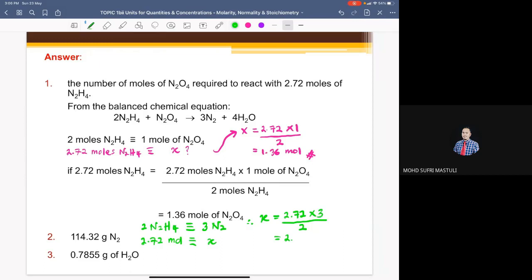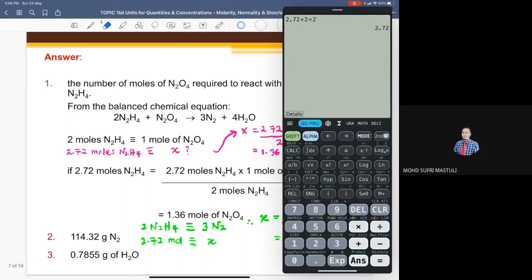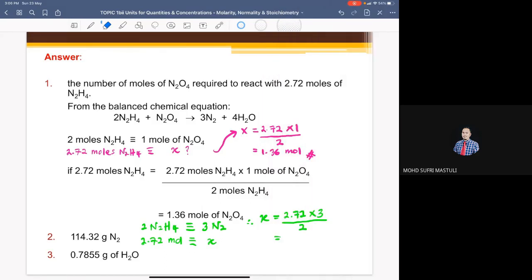Okay, times 3. So 2.72 times 3 divided by 2. The answer is 4.08 mole.